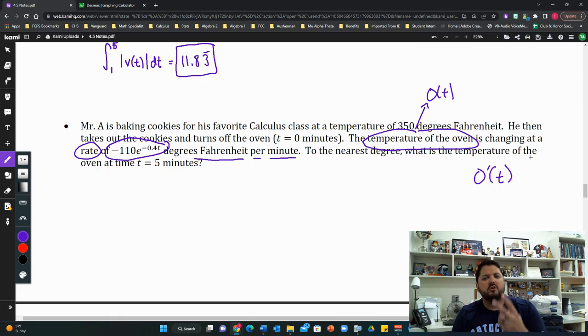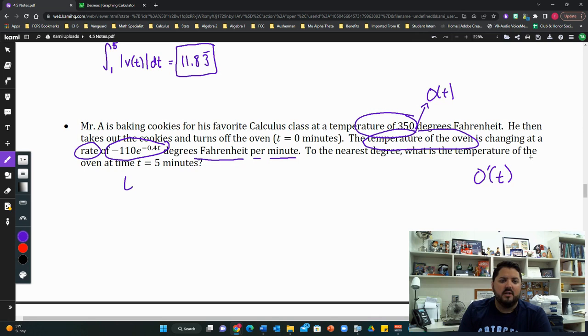So again, you were given two pieces of relevant information, a start value. So when the clock started, the temperature was 350. And then you were also given a rate of change function, a way to calculate how that initial value is changing. So that all put together spells out that this is a net change problem.